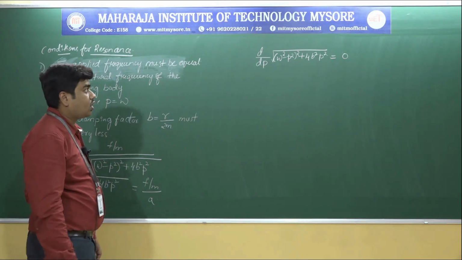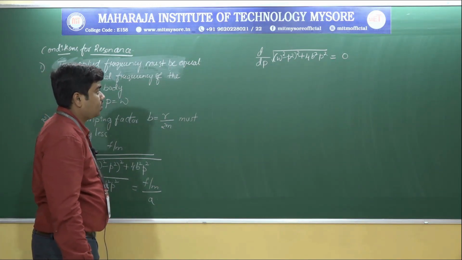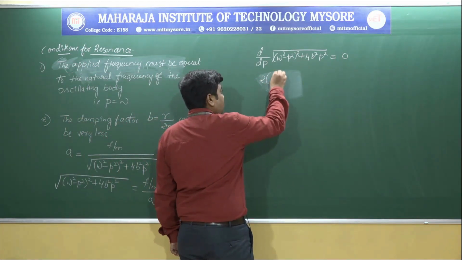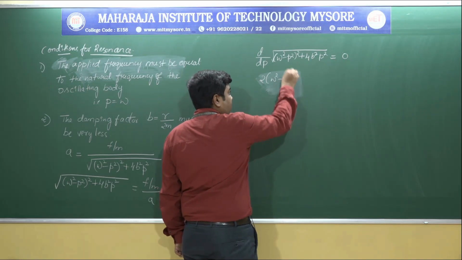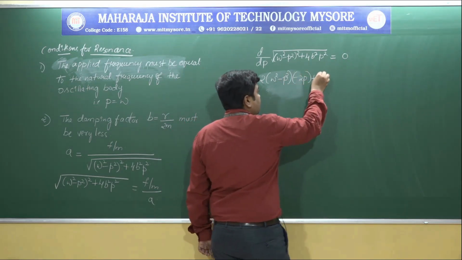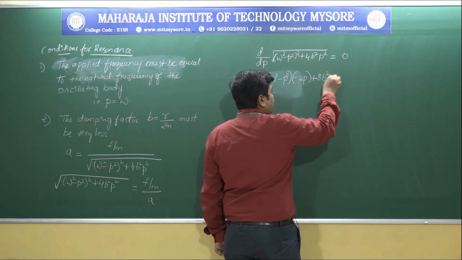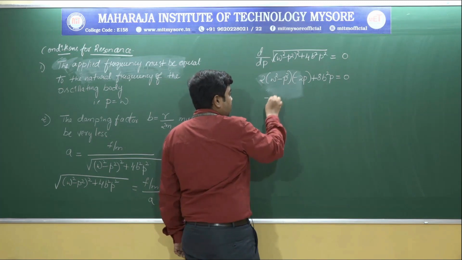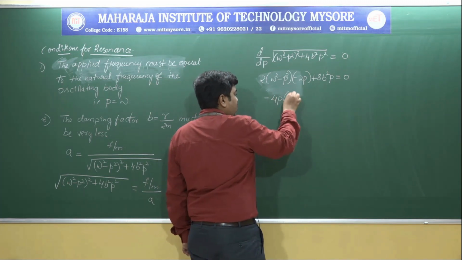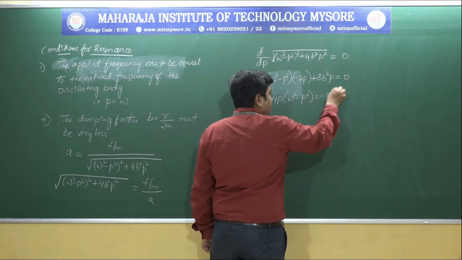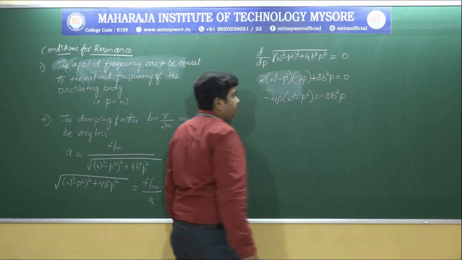Now, we have to differentiate the left hand term. So, we can write 2 into (omega square minus p square) into minus 2p plus 8b square p is equal to 0. We will just rearrange it. This becomes minus 4p into (omega square minus p square) is equal to minus 8b square p.